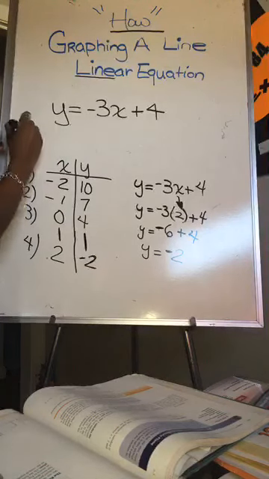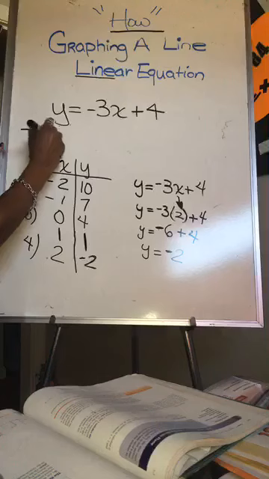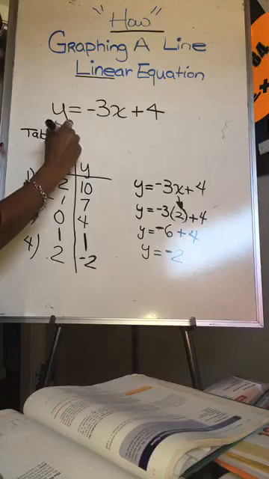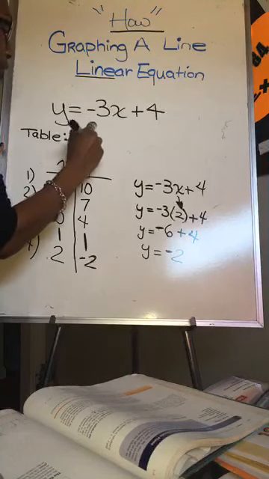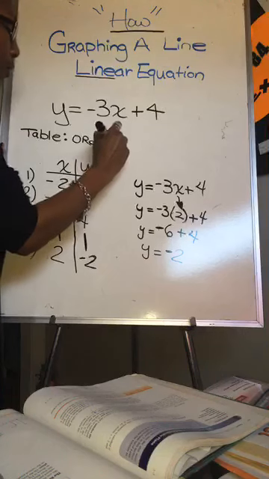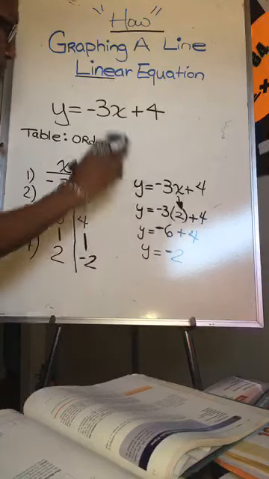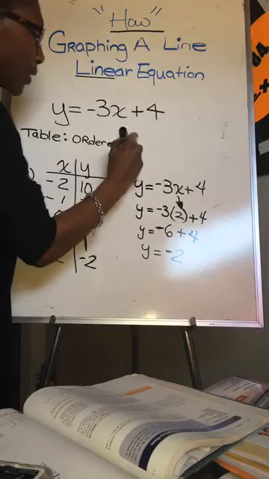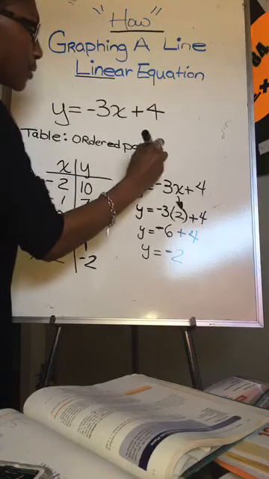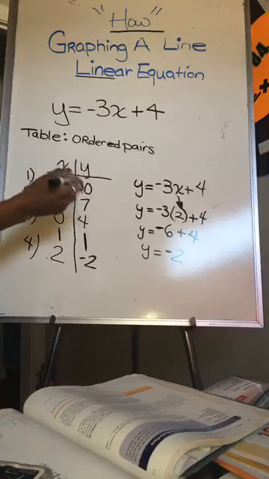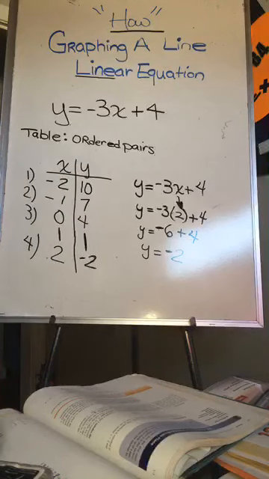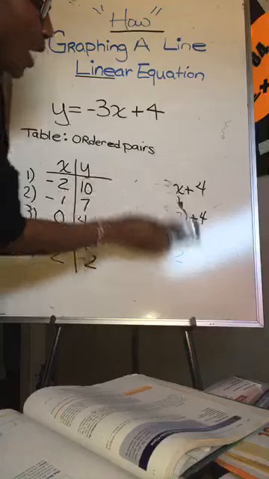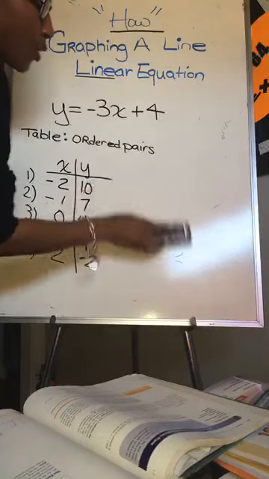T-A-B-L-E. And this is a table of our ordered pairs, or we can say our coordinates. I'm going to erase this and show you why we call them ordered pairs or our coordinates.